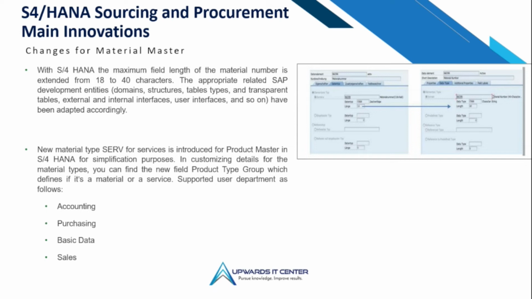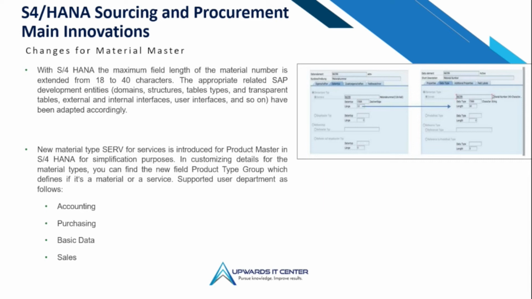Also, if you have external systems, you need to check if all the systems have the same standard of use of this new length of 40 characters, right? The BAPIs and all the developments for the new systems, SAP already adapted with the new characters if you want to use.